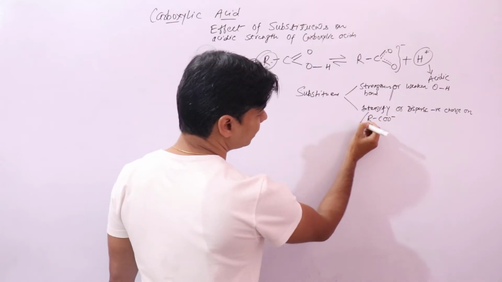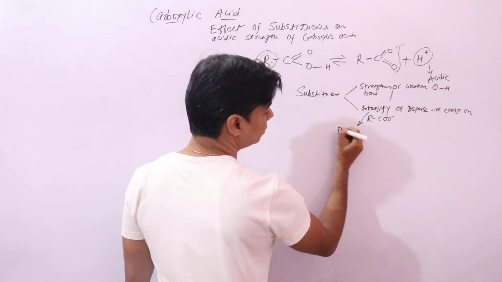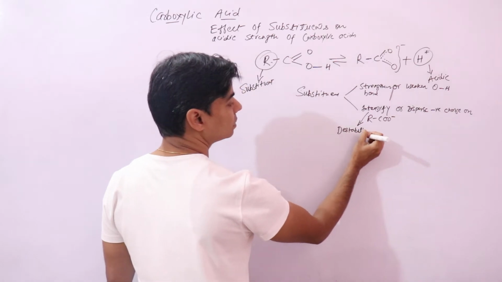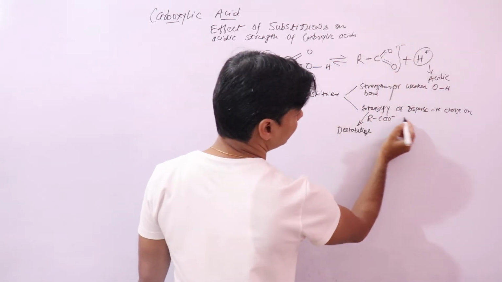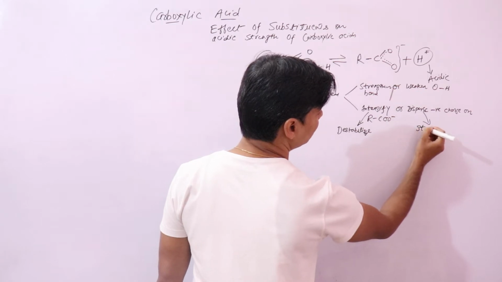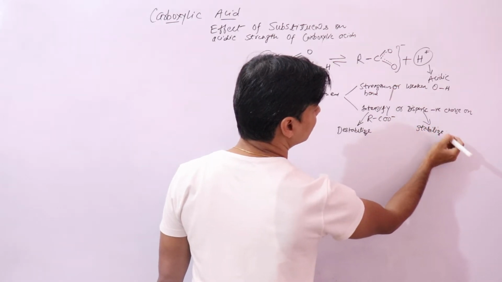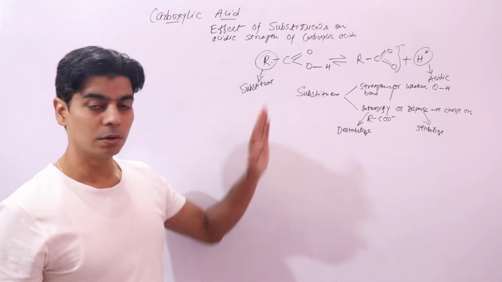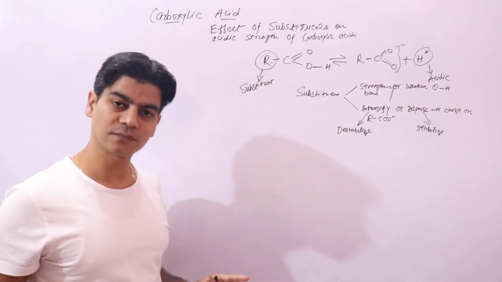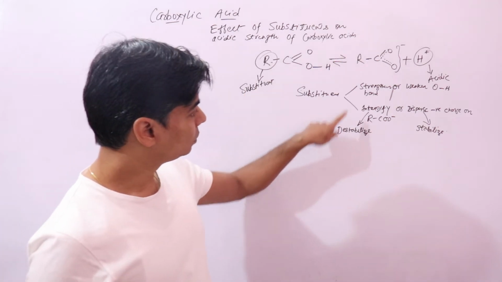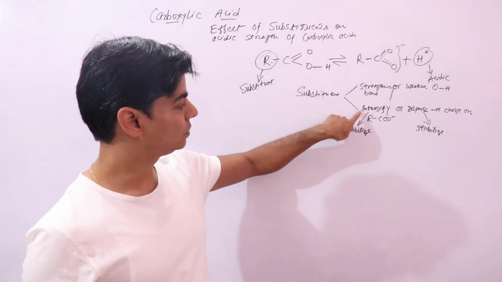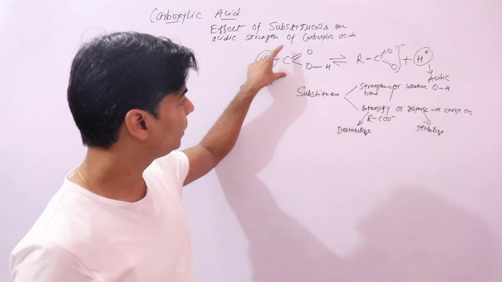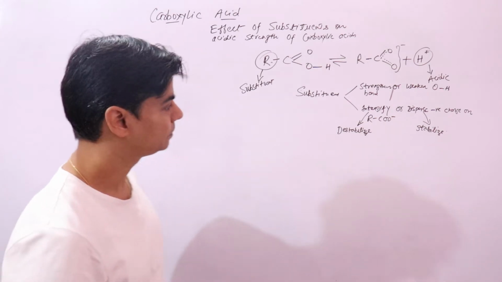When it intensifies the negative charge, it will destabilize this carboxylate ion, and when it disperses the negative charge, it will stabilize this carboxylate ion, right? Now let's study the types of substituents and how they do these two things: intensify or disperse the negative charge, or strengthen or weaken the bond, in order to make the release of hydrogen ions easier or difficult.